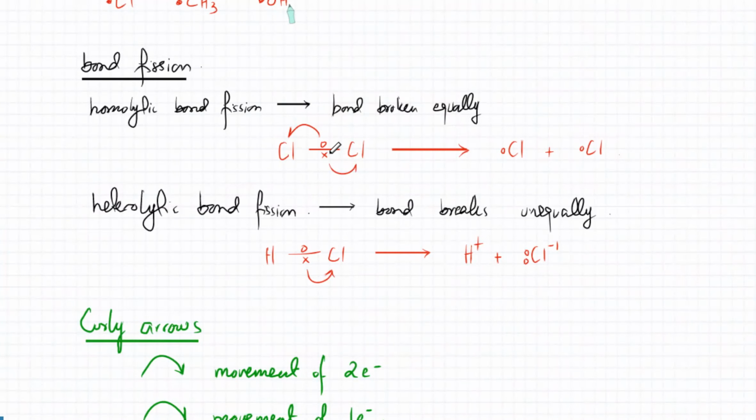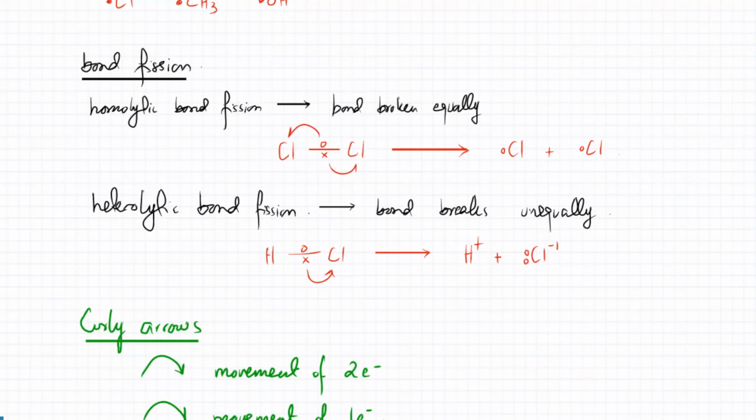Heterolytic is the other one, the one below, where both electrons end up with just one atom. So both electrons end up with one atom, and it usually results in the formation of ions.